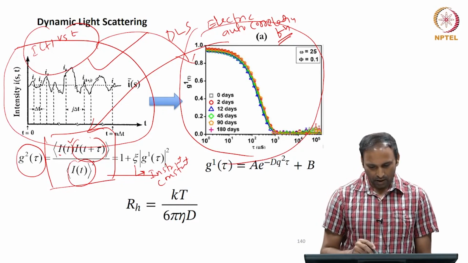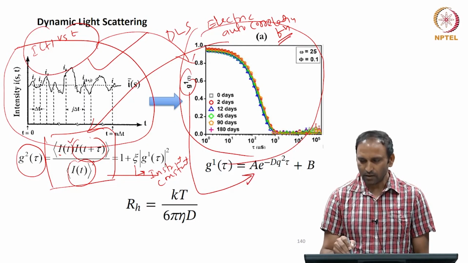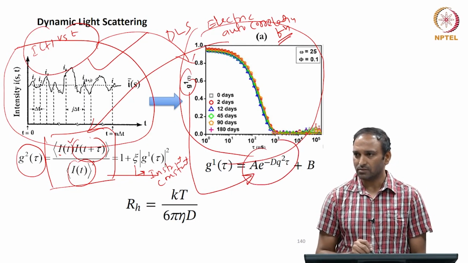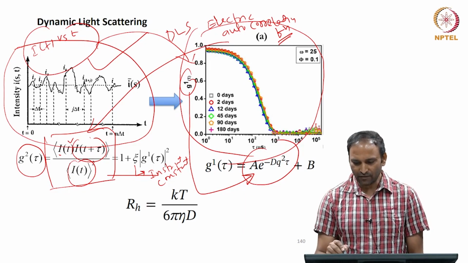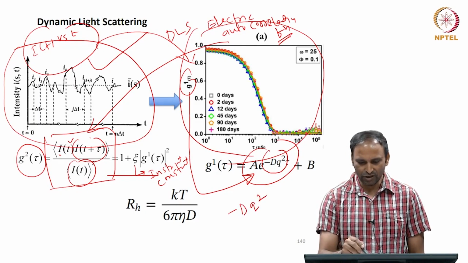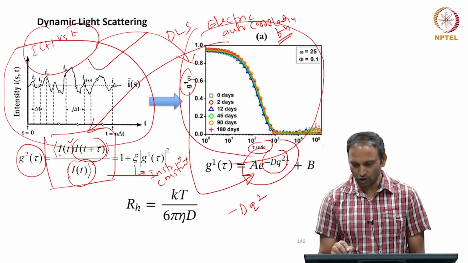Now, this function you can fit to an exponential function, and from that exponential function I can get minus D times q square. You have g1 of tau as a function of tau, which is what you measure, and you should look for this number.